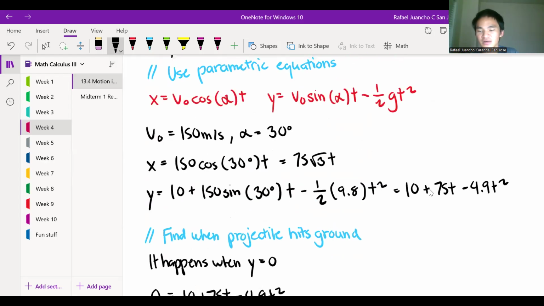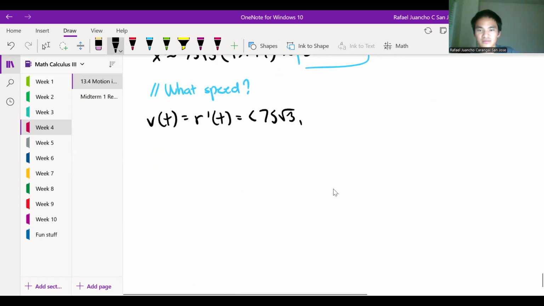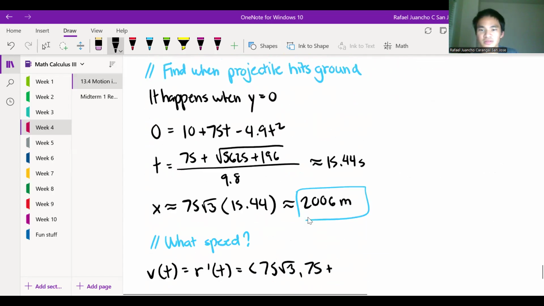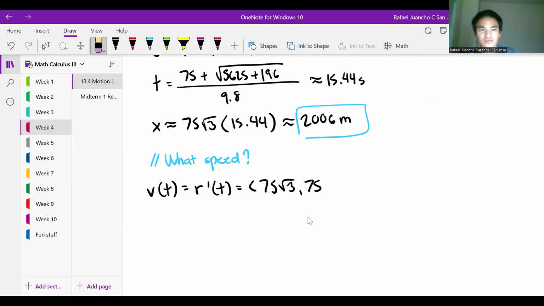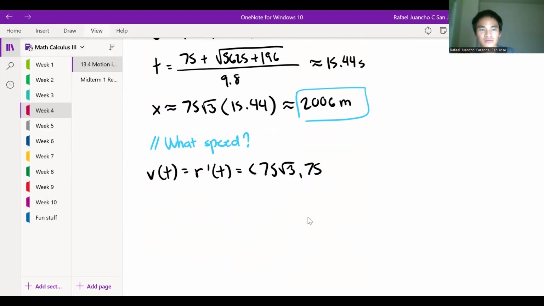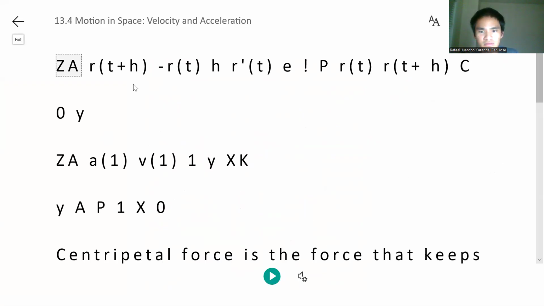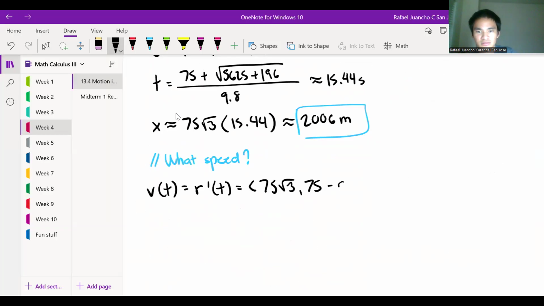And for my y, we get 75. We don't add it. We subtract it to 9.8.